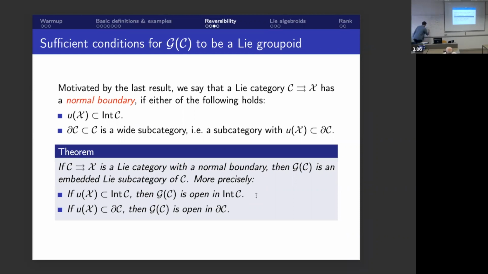These two neighborhoods are such that θ restricted to U to V is a diffeomorphism, right? Inverse function theorem.